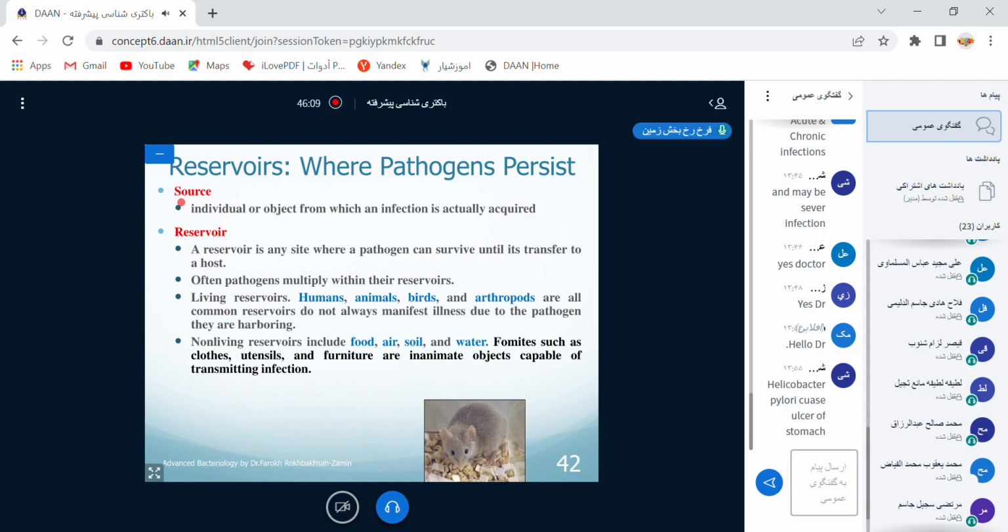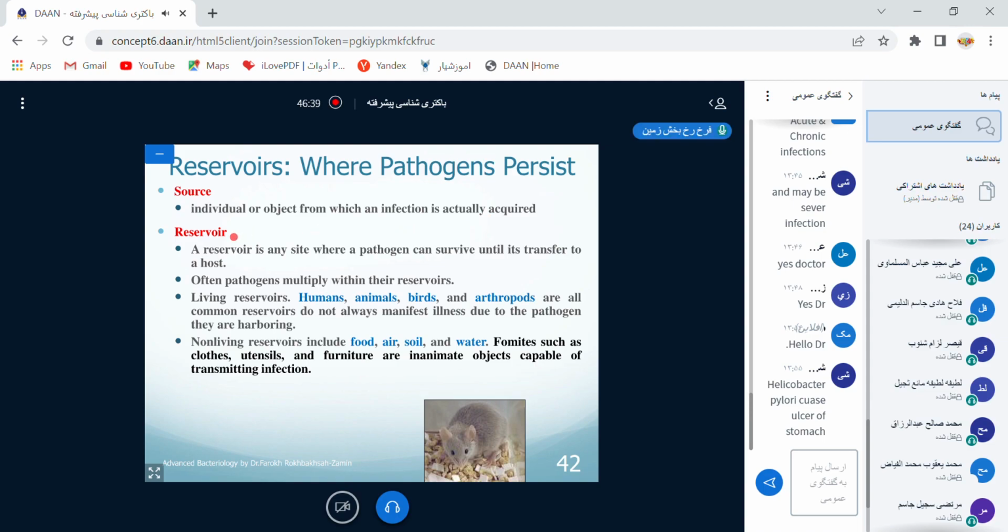Sometimes we have a definition with the name of source: an individual or object from which an infection is actually acquired. So sometimes we are talking about the source of infection.